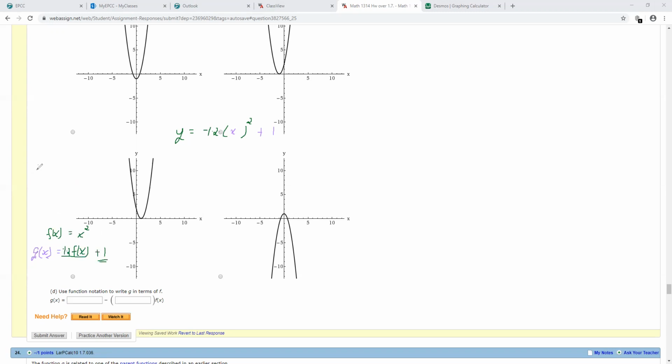So it could also be like this: 1 minus the positive 1 is the positive 1 plus 1, the positive is in front of the 1, minus 2 times f of x. So g of x, the glorious, great new function, is either you can write it like this, or you can write it like this.